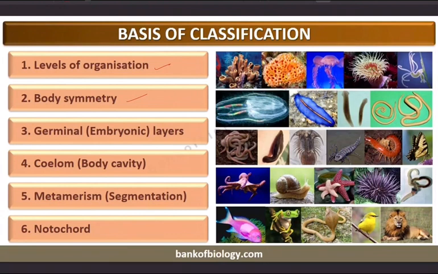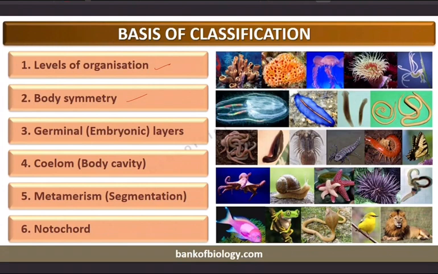And animals that have these two layers during their embryonic phase are called diploblastic animals. Di means two, diploblastic means animals having two layers. What are those two layers? Ectoderm and endoderm. For example, you can write Coelenterata.